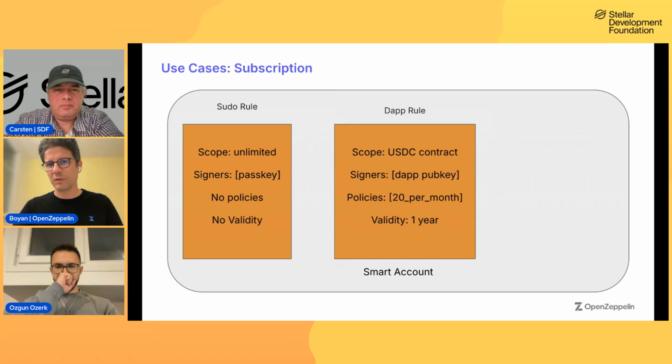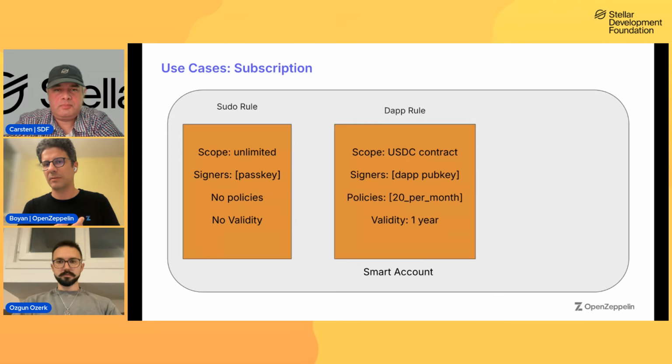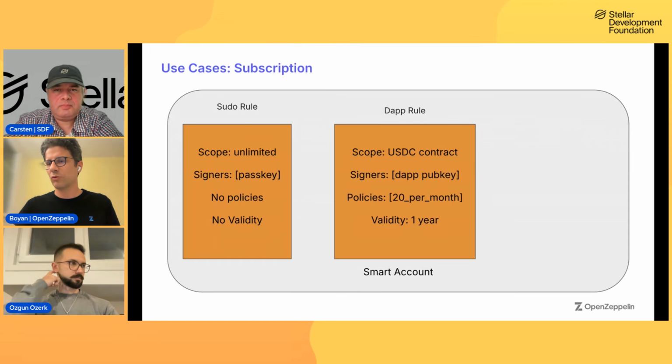The DApp prompts me to install a context rule where the scope is the USDC contract, because I'm going to pay in USDC. The signer is the DApp pub key, and the policy is some spending limit policy that limits the spending to up to 20 bucks per month, and I'm subscribing for 1 year. So this is the single transaction I have to do in order to subscribe for this service.